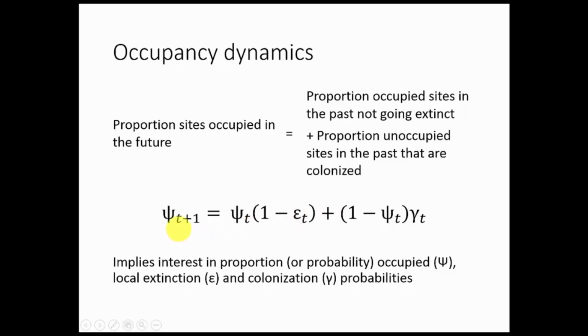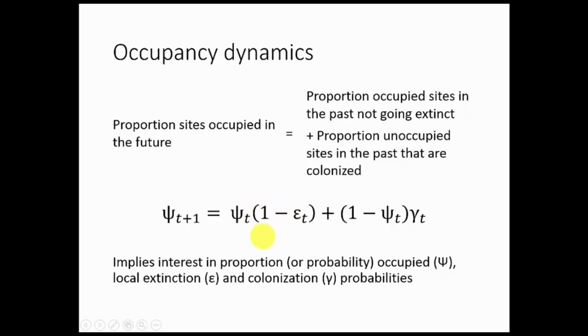So here we have the probability of occupancy at time t plus 1 equals the probability of occupancy at time t times 1 minus the probability of local extinction. So this term represents the probability that a site does not go locally extinct.